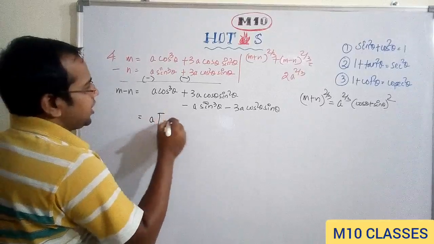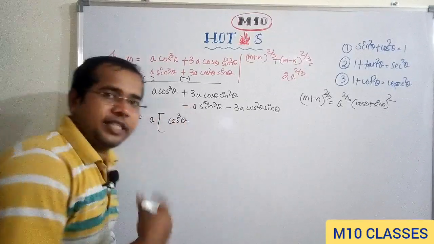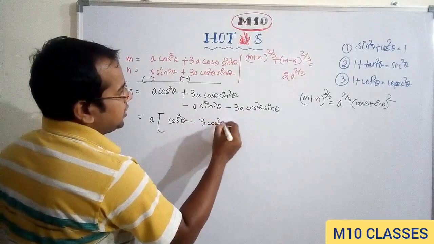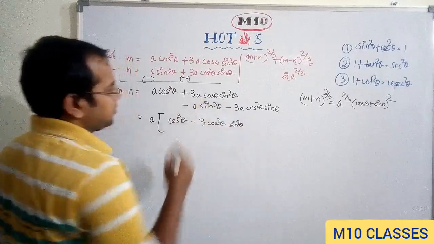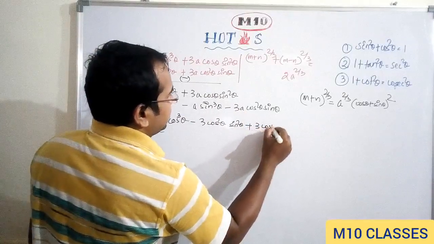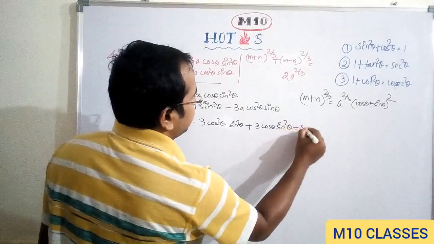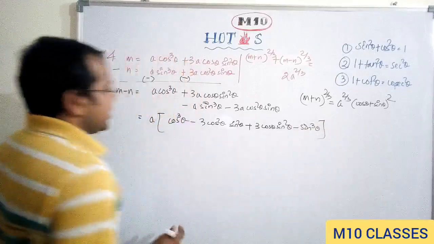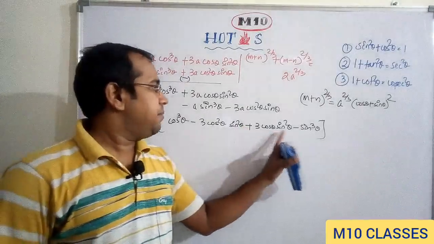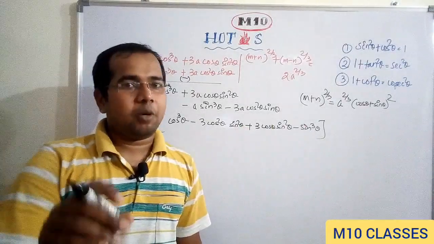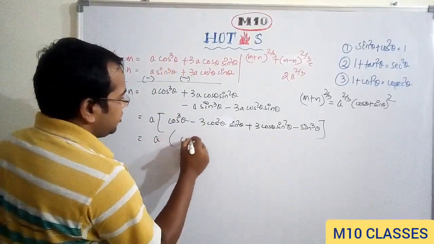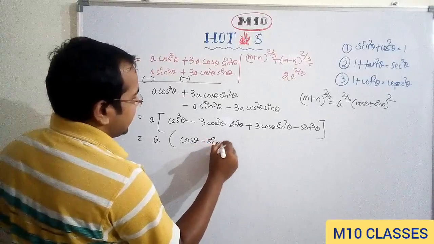You have cos cube theta, make a rearrangement, minus 3 cos square theta sin theta plus 3 cos theta sin square theta minus sin cube theta. Now it is in the form a cube minus 3a square b plus 3ab square minus b cube, which is nothing but the formula for (a minus b) whole cube. So you can write it here as a whole into (cos theta minus sin theta) whole cube.